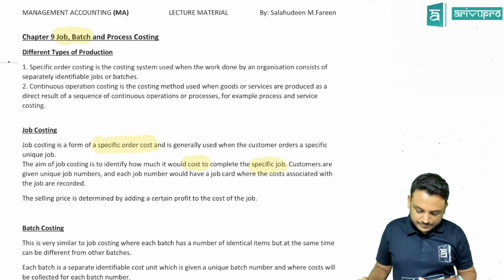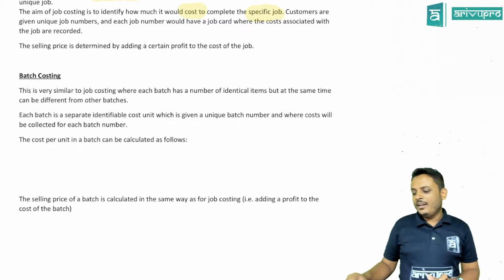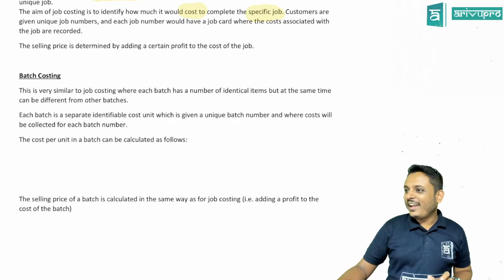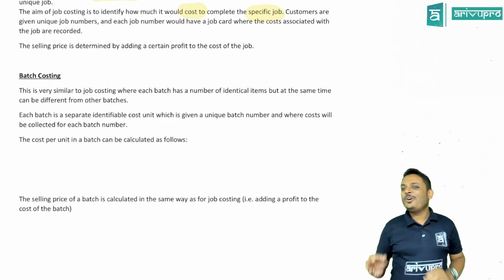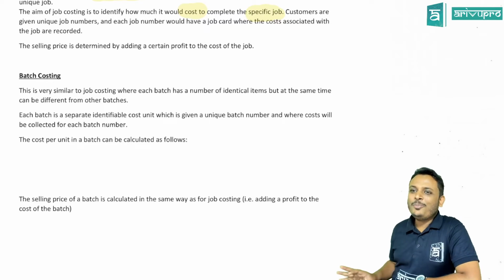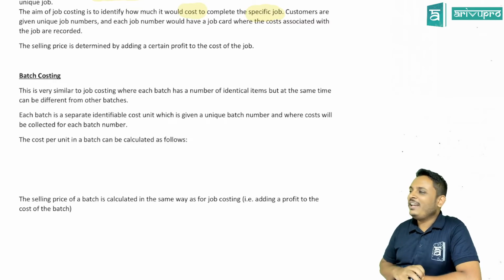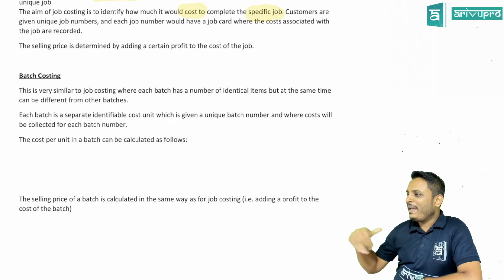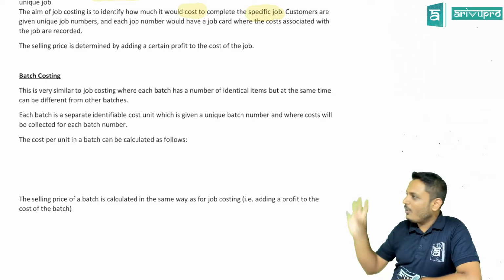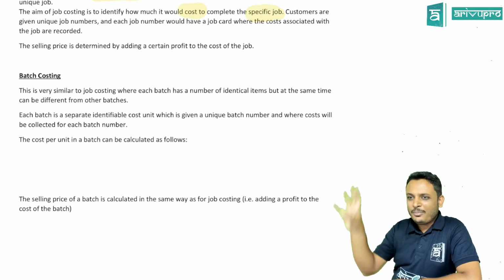Batch costing. What is batch costing? Did you print calendars and all? Batch costing is also specific order costing. Now, let's say they're going to print calendars, right? Who decides the requirement? Whether it is a 12-page one or 6-page one. 6 means 2 months in one page, or else it's just a 1-page calendar, right? With the photos and all, 1 page.